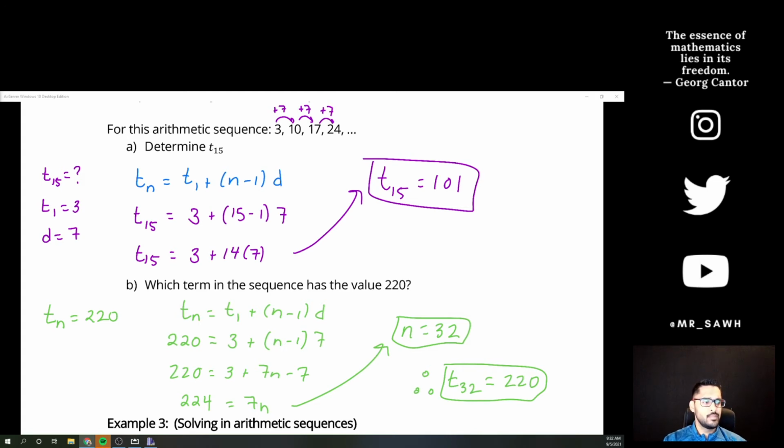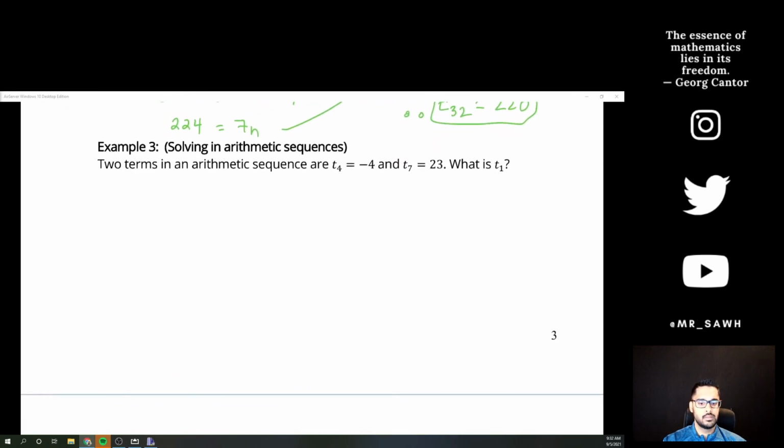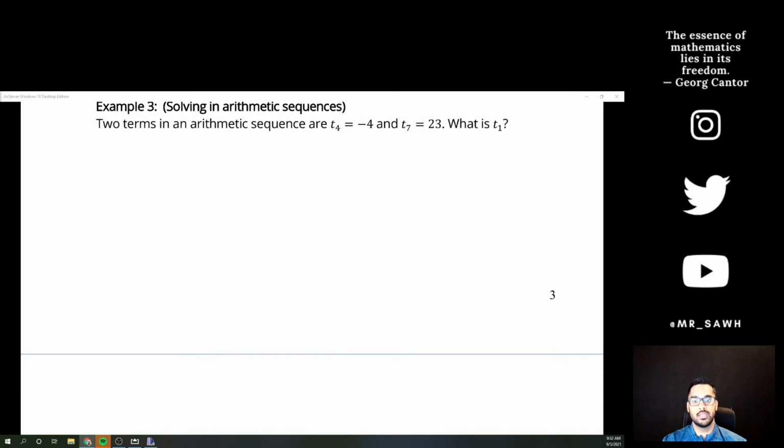What happens if I'm not told where I start and I'm just told two values? What do I do then? So two terms in this sequence are: the fourth term is -4, the seventh term is 23. What's the first term? The key here is remembering that it's arithmetic. If it says arithmetic, I know I'm adding a constant each time.